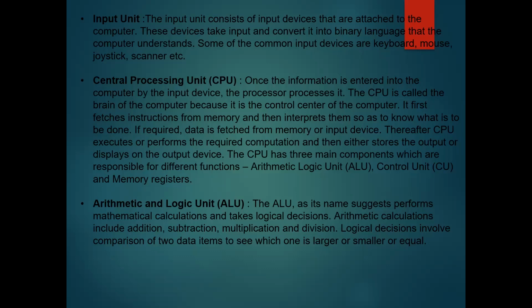It first fetches instructions from memory and then interprets them so as to know what is to be done. If required, data is fetched from memory or input device. Thereafter, the CPU executes or performs the required computation and then either stores the output or displays it on the output device.